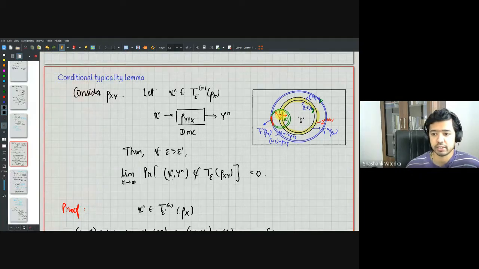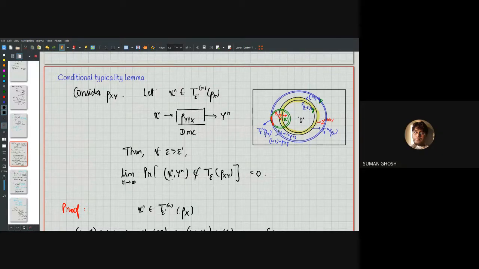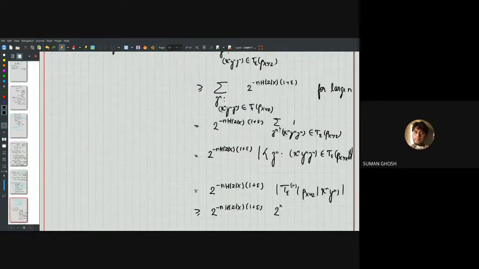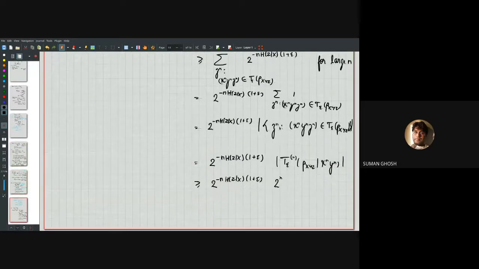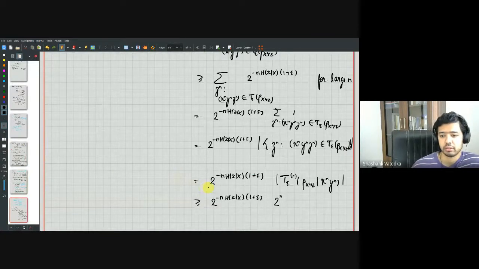If xn is arbitrary, then the upper bound always holds. If xn is typical, then you also have a lower bound: it is at least 2 to the minus n times I(X;Y). So that is what we have over here. This part is clear?